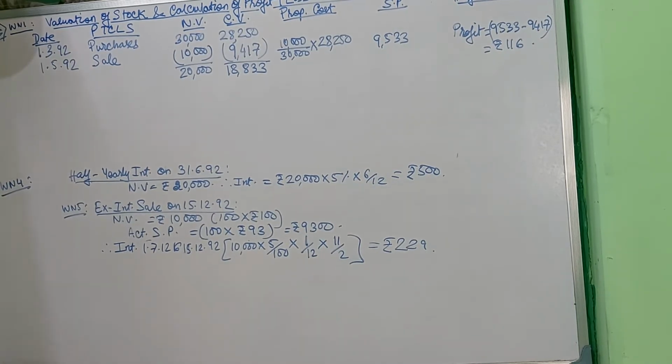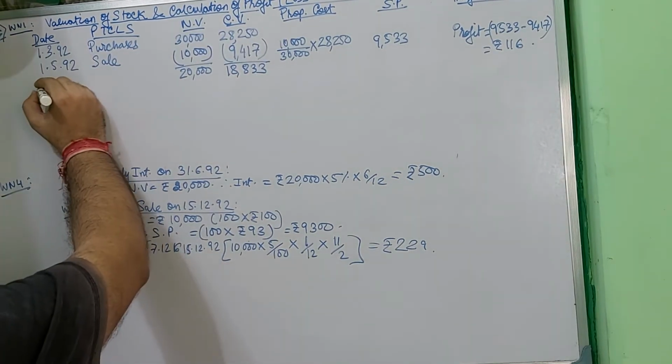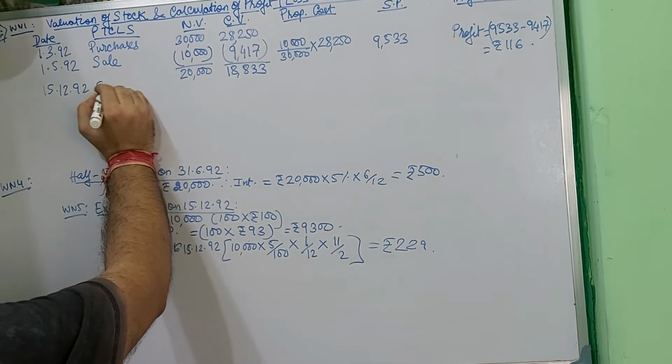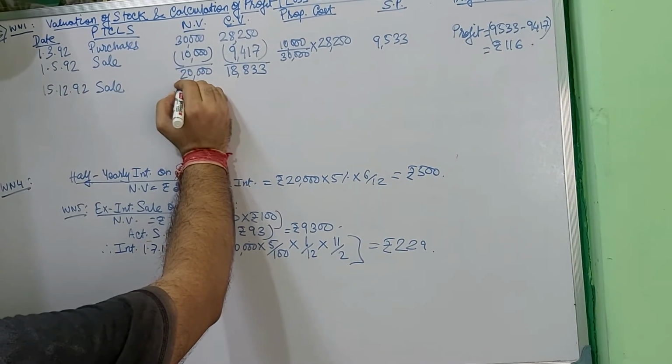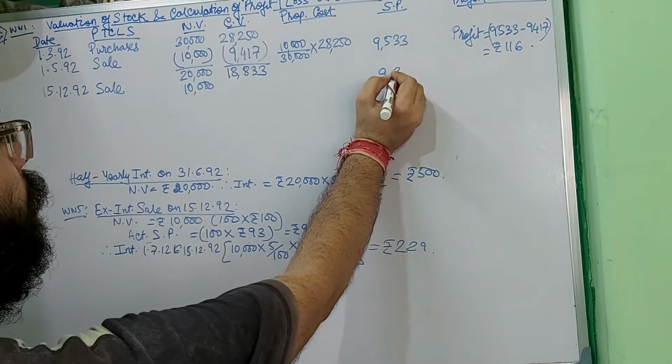Okay. So over here, 15 December 92, sale 10,000, selling price is 9,300.